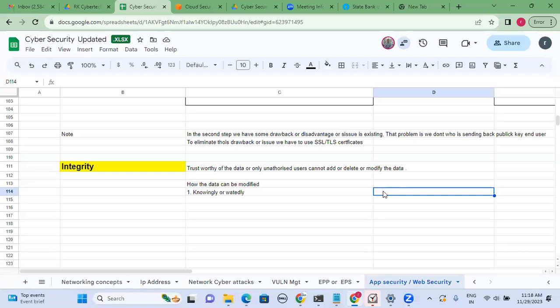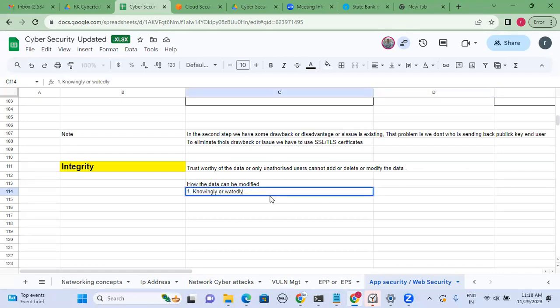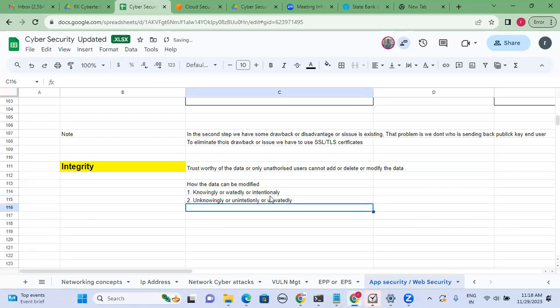Possible, sir. So knowingly or wantedly, or intentionally also. What is the opposite of knowing? Unknowingly, we don't know, by mistake. Unknowingly or unintentionally or unwantedly. So without our knowledge, by mistake, by typo error, data can be modified. So once data is modified, our integrity will change.